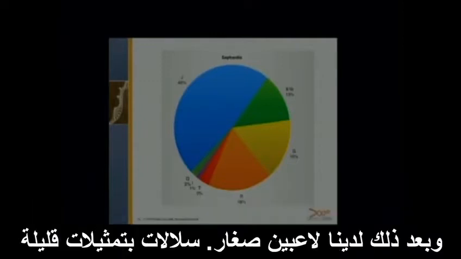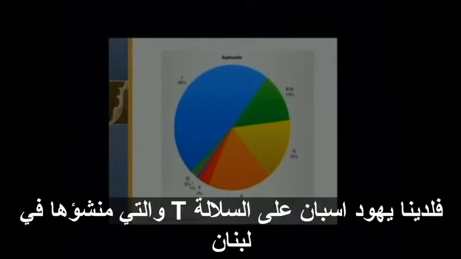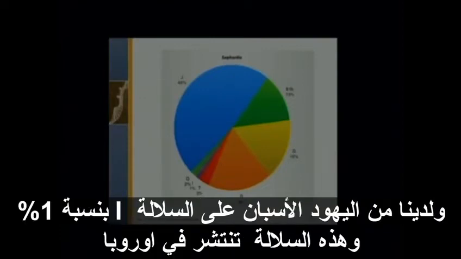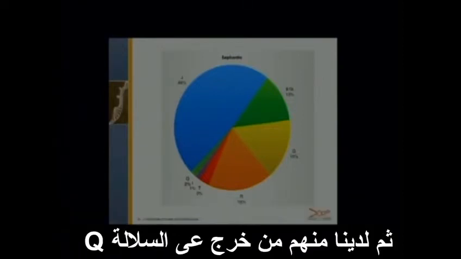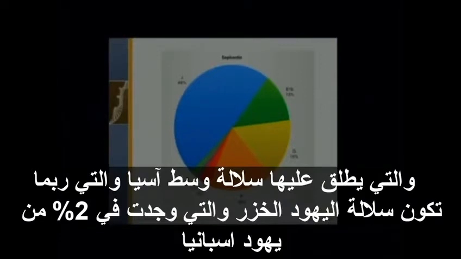And then we have a few bit players. We have this T group found in Lebanon. We have this I group at 1%, which is actually much more common in Europe. And then we have this Q group, the so-called Central Asian group, which one might theorize is Khazarian, found at 2% of Spanish Jews.